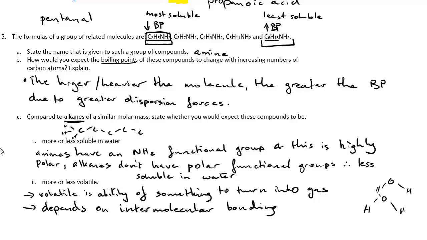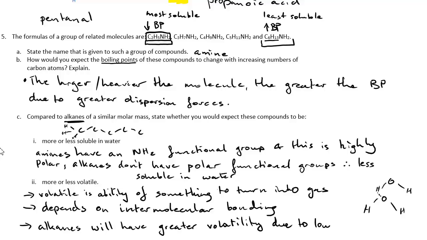So in this situation, we can say that alkanes will have greater volatility, due to lower intermolecular forces.